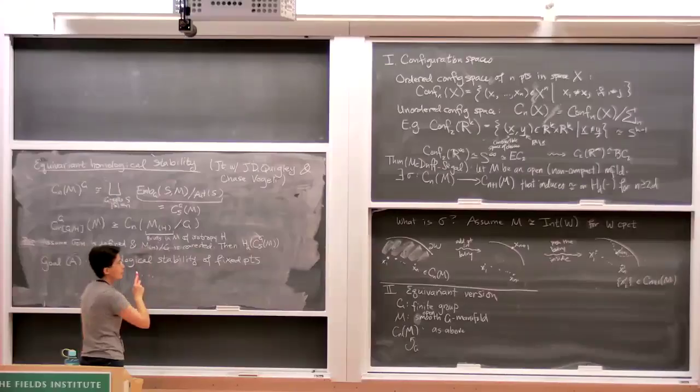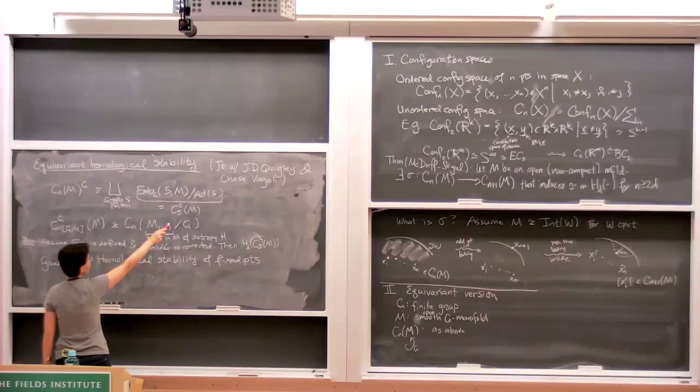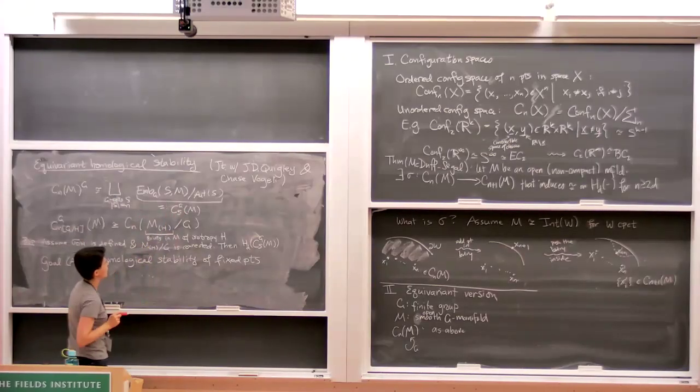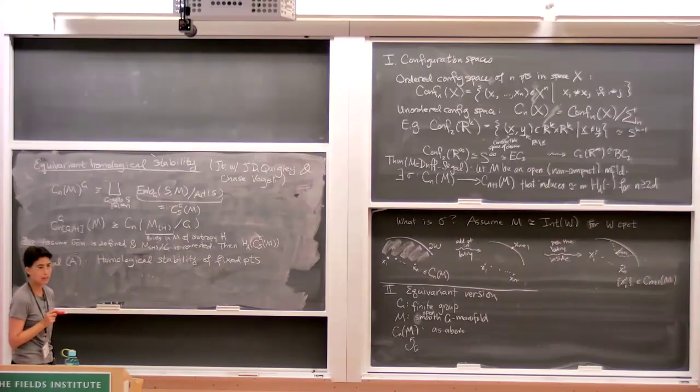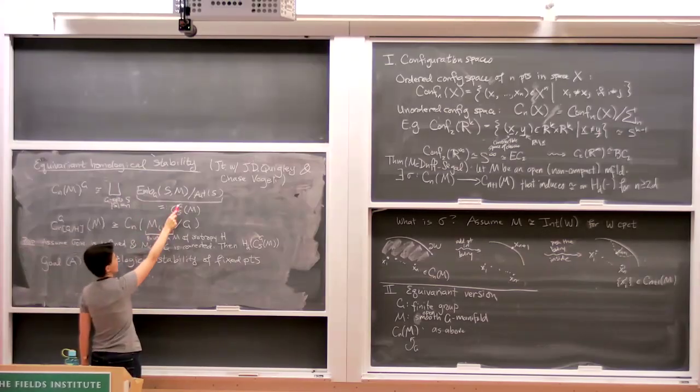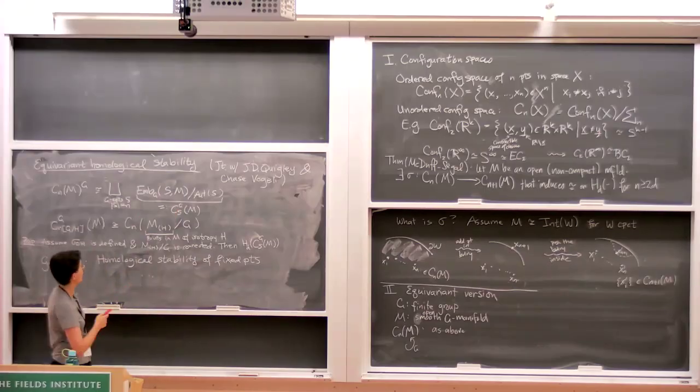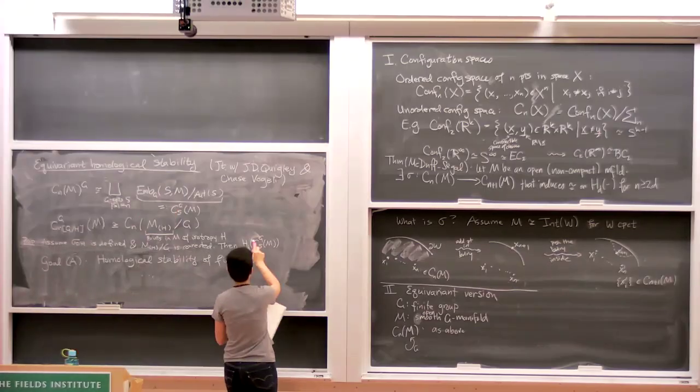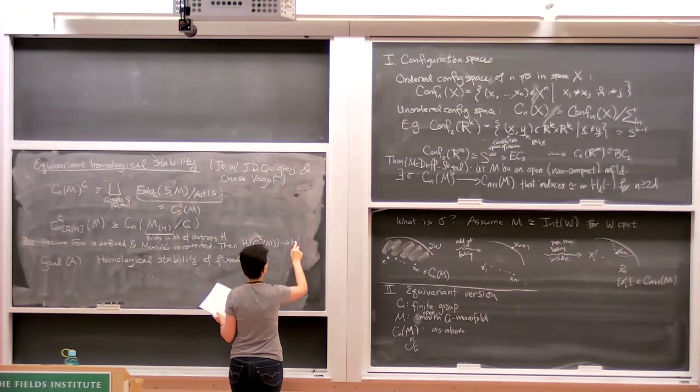So, I would say this thing here is kind of a definition. It's suggestive notation. The G is up there to suggest fixed points, but it's a component. So the homology of one component to the homology of another component.